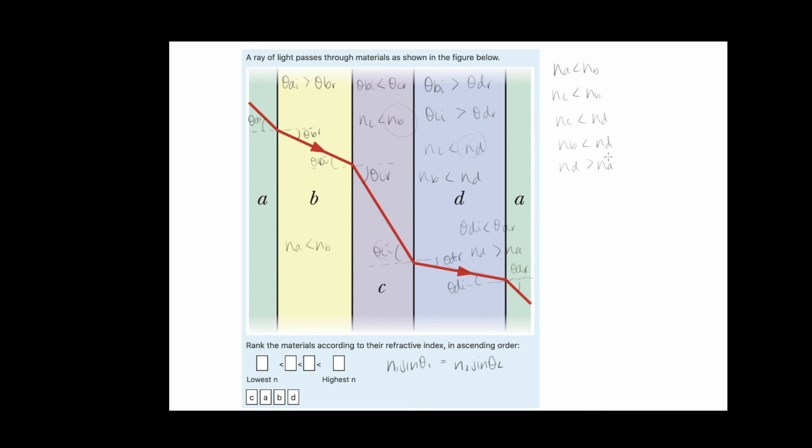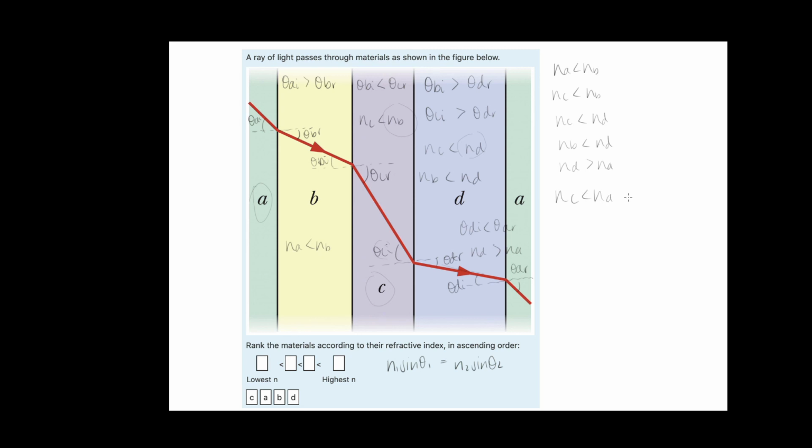The only thing we don't know right now is the comparison between material C and material A. Just like our reasoning before, comparing D and B, we can compare C and A via material B. So what's happening is this angle CR, the way that the ray refracts when it enters material C, is greater than when it enters material A, if we were to send this ray in the other direction. Therefore, the refractive index of C must be less than that of A.